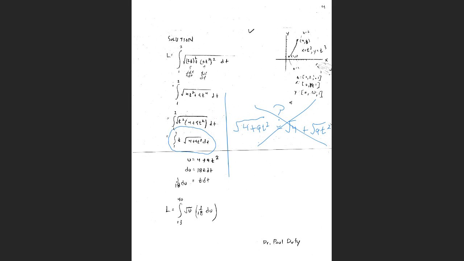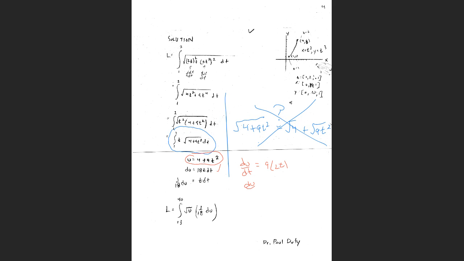If you let u equal 4 plus 9t squared, then du will be 18t dt, because du/dt would just be 9 times 2t.